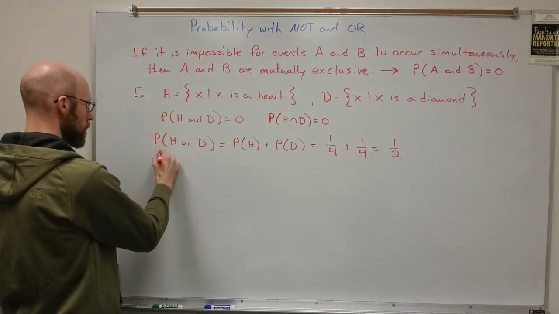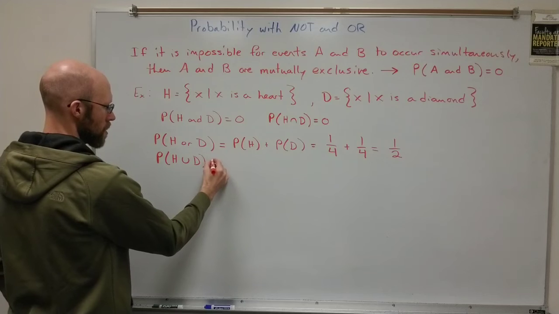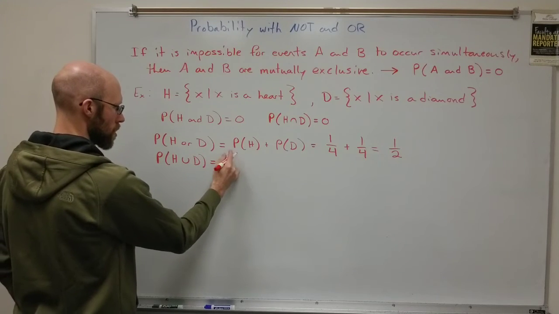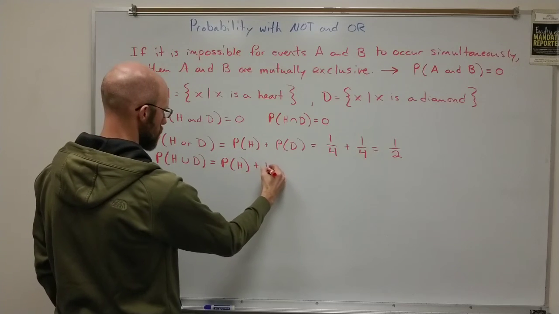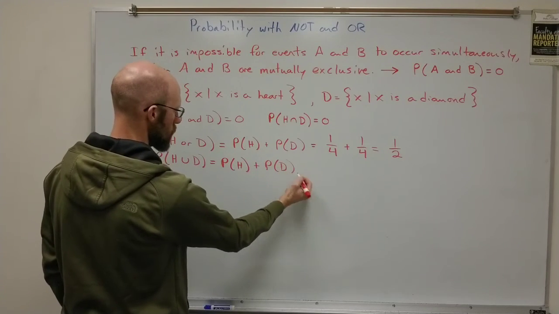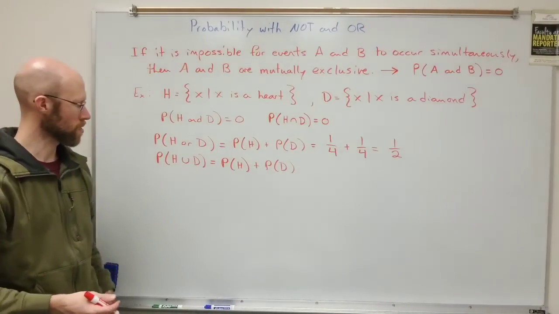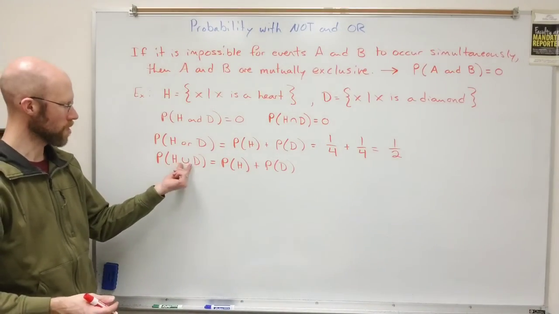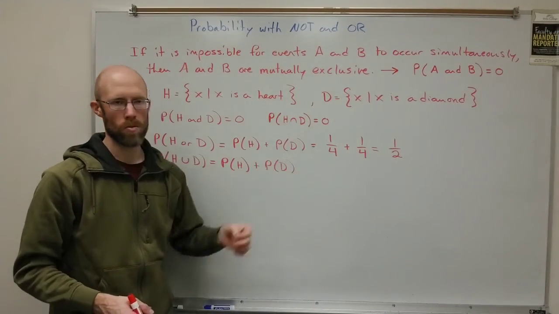And the probability of H union D is equal to the sum, the probability of H plus the probability of D, for mutually exclusive events. Okay, so the or is a union, which gives you a sum. The and is an intersection, which in this case is 0.